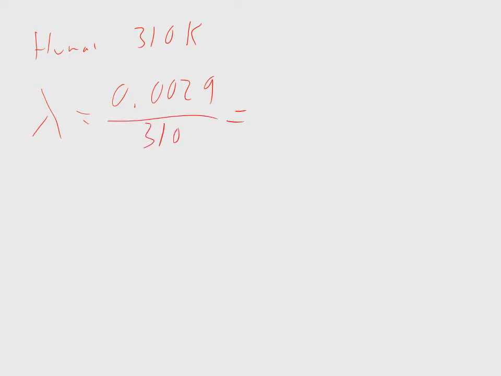So let's do an example here. We have an object, like a human being. A human being is about 310 Kelvin, and you're giving off light because you're not at absolute zero. So what wavelength do you give off most? Well, that's 0.0029 divided by 310, which comes out to be 9.35 times 10 to the minus 6 meters.